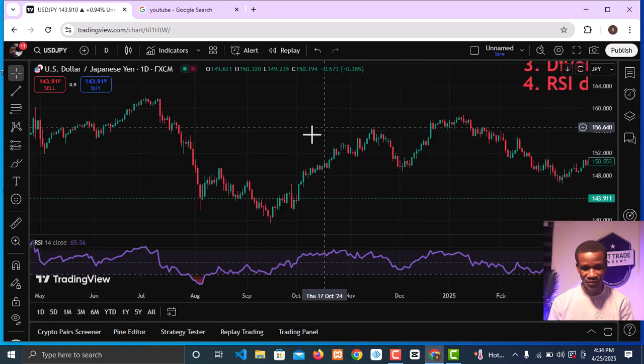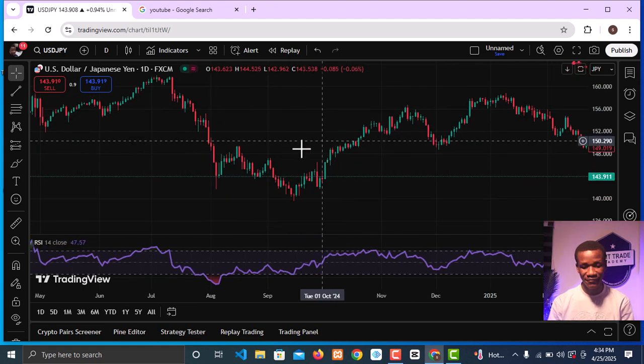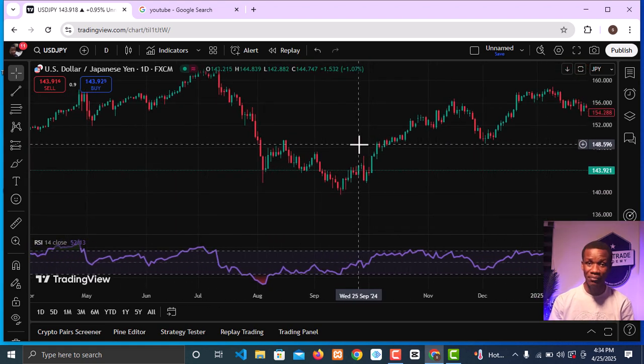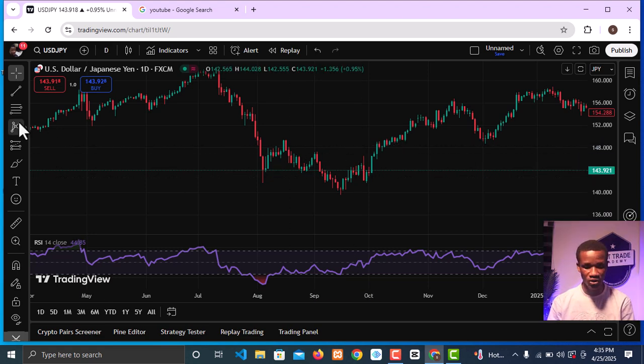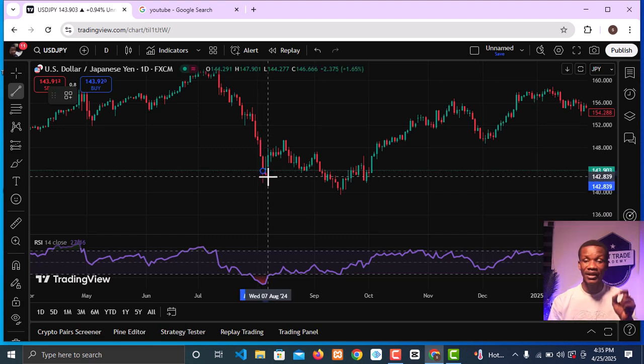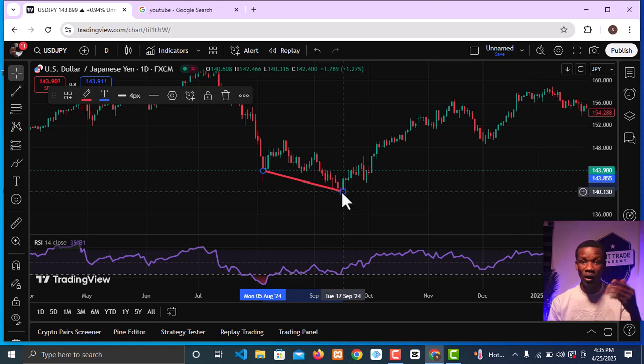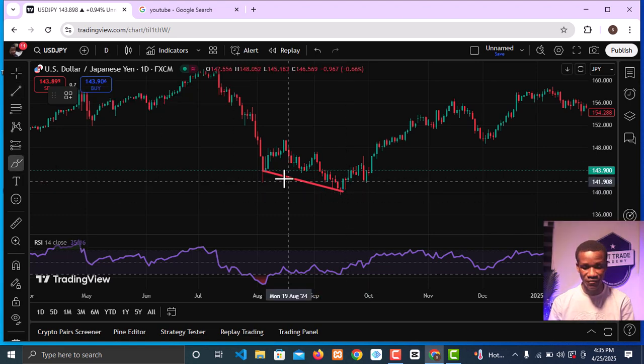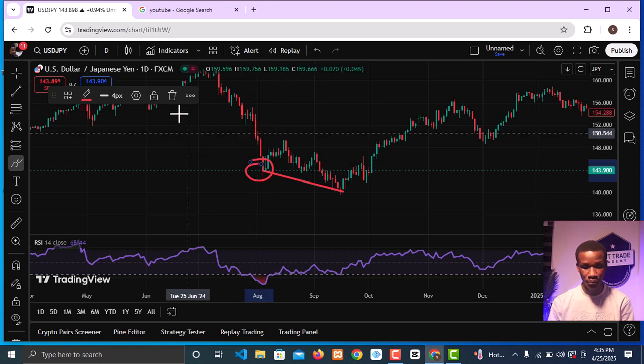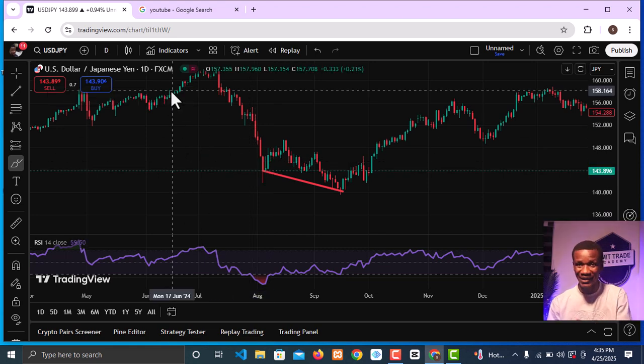If you look at this area right here, divergence occurs on this price action. Why? Because if you look, price was moving downward, we see this point right here, which is a low, and we see this area, which is a lower low compared to this low. So market is coming back down in a lower low formation.